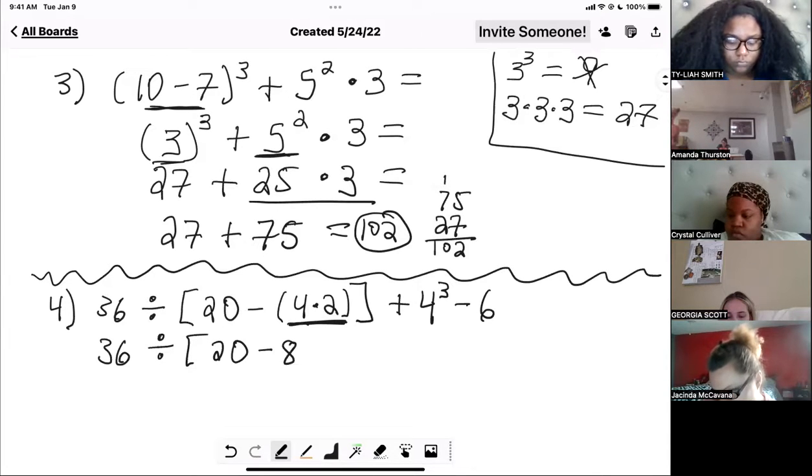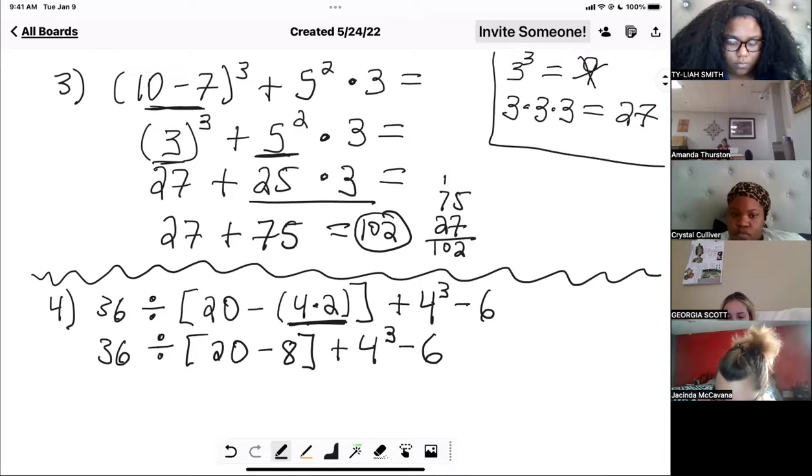20 minus 8 plus 4 to the third power minus 6. Now, I still didn't simplify my parentheses, which is now brackets, but still parentheses. So now I have to simplify the parentheses. So 36 divided by, now 20 minus 8 is 12, plus 4 cubed minus 6.